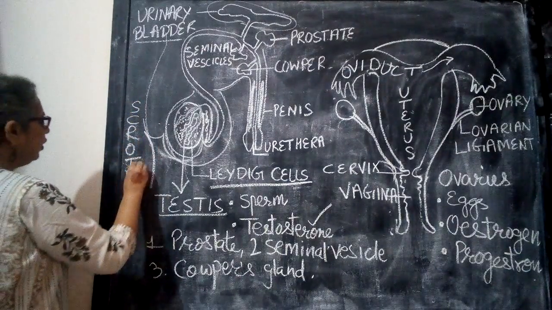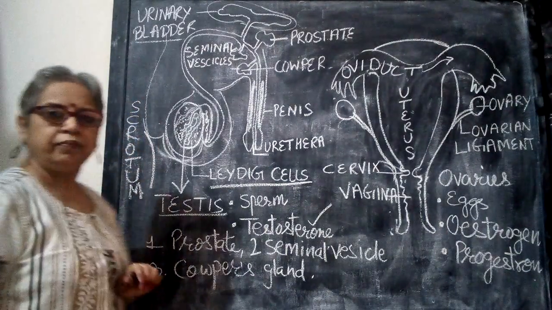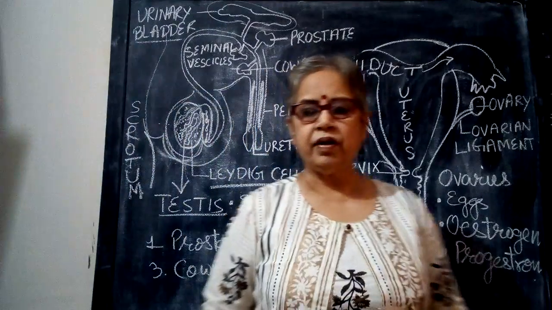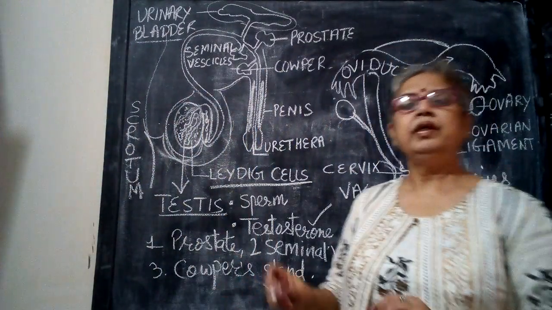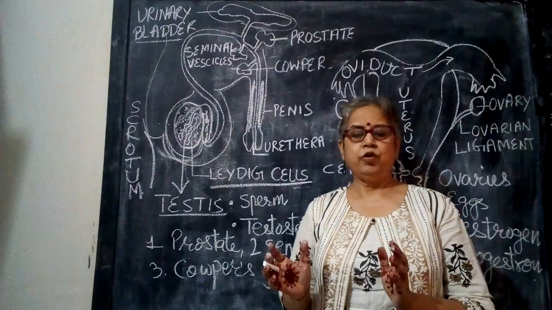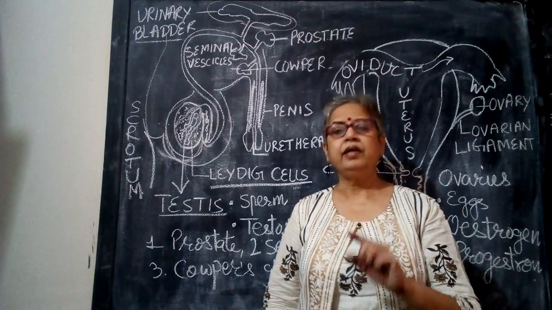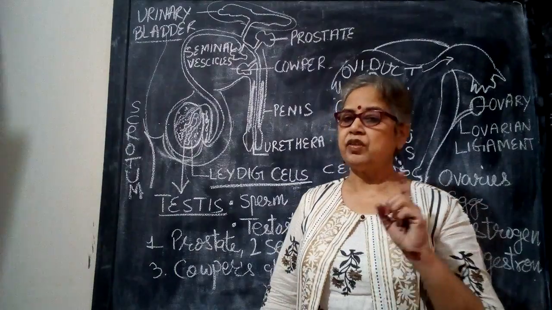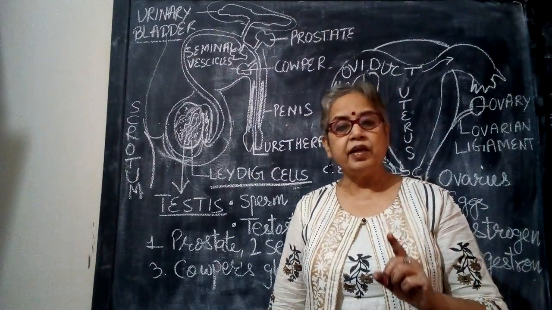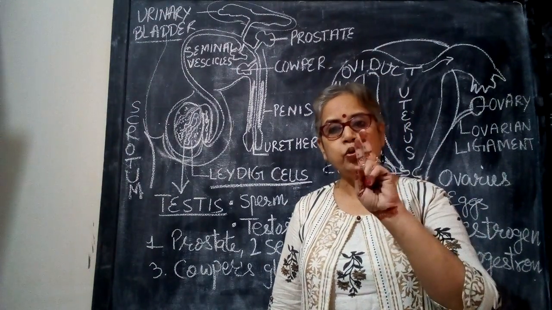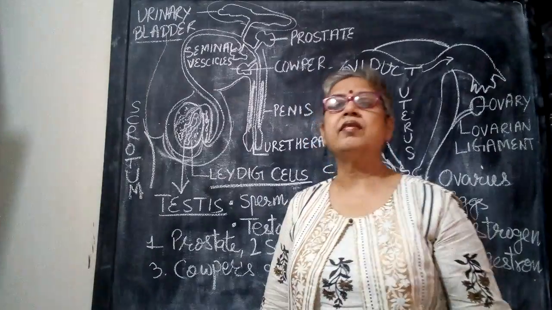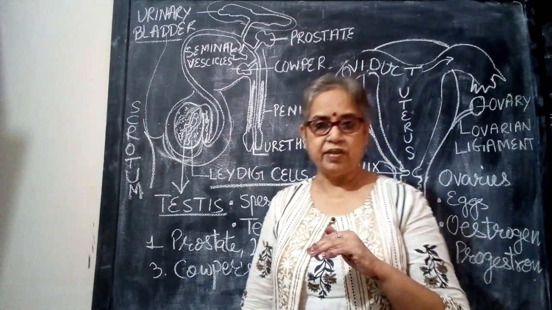Now, why are testes present in scrotum? Testes are present inside the scrotum, outside the abdominal cavity, so that the production of sperms takes place at a temperature 2 to 3 degrees Celsius less than the body temperature.